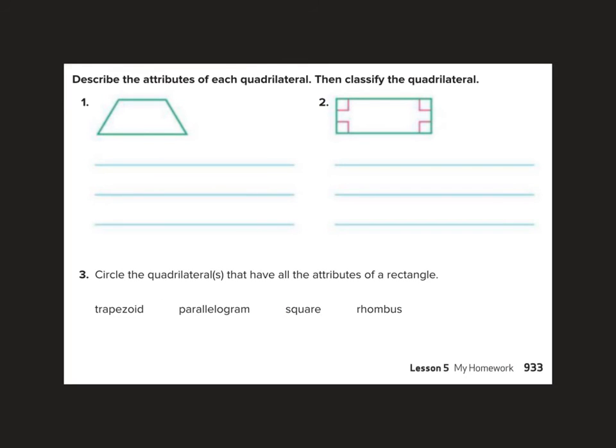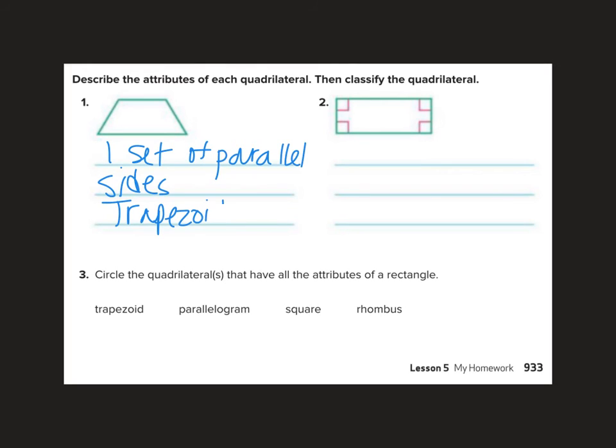Okay, describe the attributes, then classify. So this has 1 set of parallel sides. So this is a trapezoid. Okay, this little guy here, 4 90-degree angles.